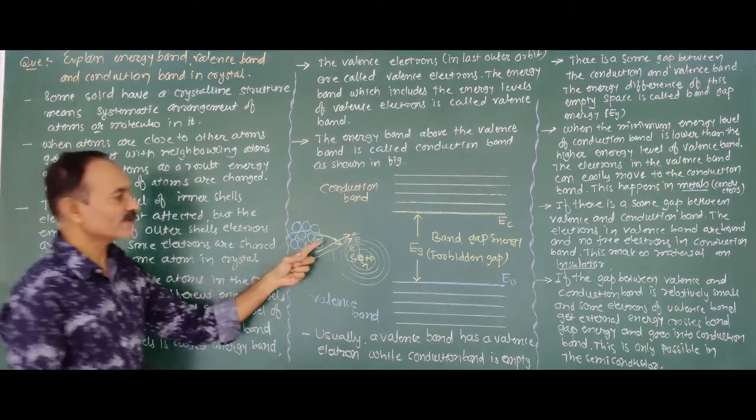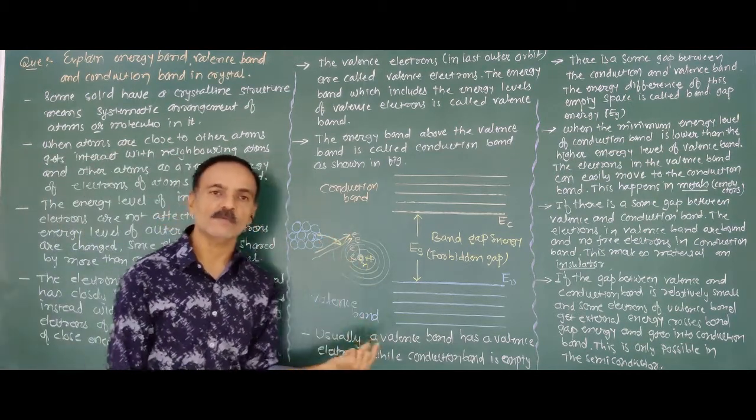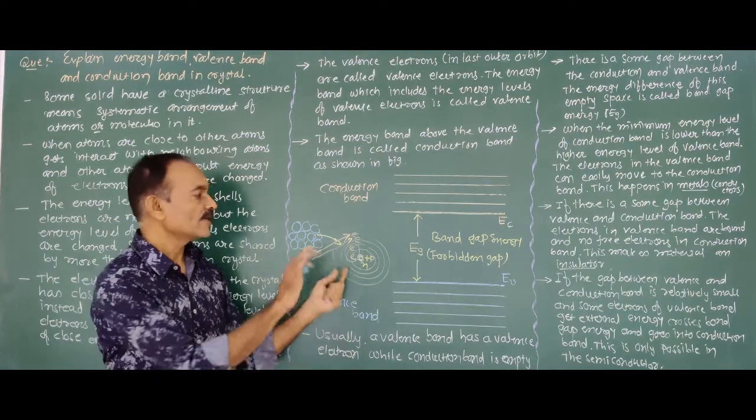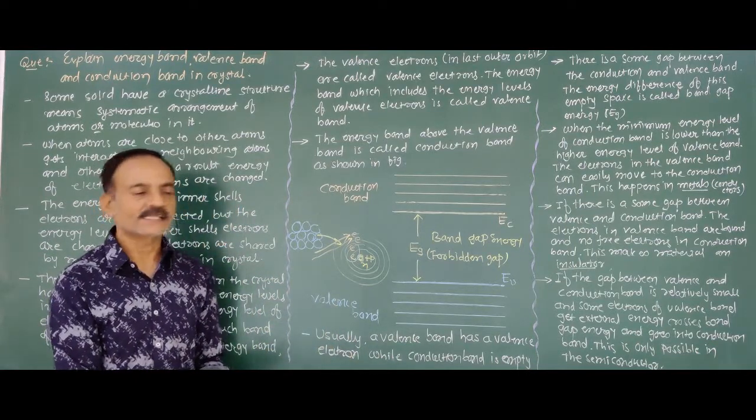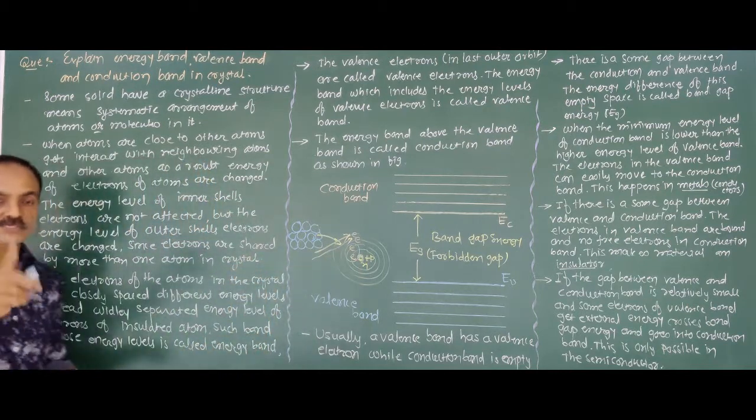So the electrons in the outer shell of one atom are shared or transferred to the other atom in the outer shell. Therefore, the energy level of the atom is going to change.